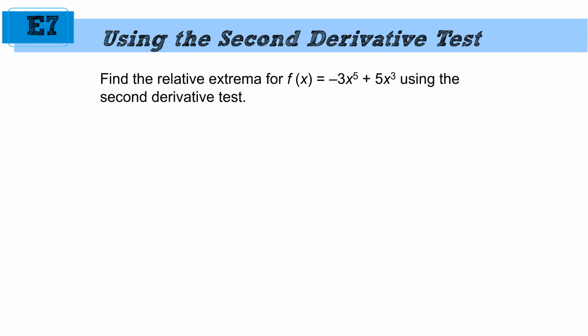So if I plug 0 into the second derivative, is it positive or negative? Neither. Ooh, we'll come back to that. That's going to require some discussion. If I plug 1 into the second derivative, do I get a positive or a negative value?